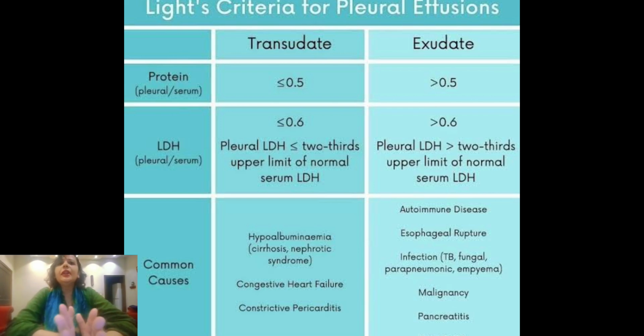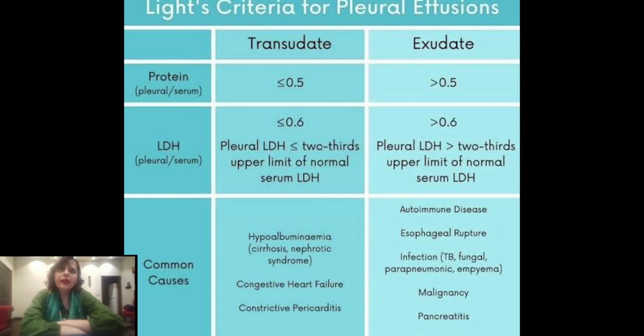Now, there is Light's criteria for dividing pleural effusion into transudative or exudative. If any one of these criteria is present, the fluid will be exudative. In Light's criteria, which is usually used to discriminate between exudative and transudative effusion, we see the protein of serum and the pleural fluid, and we see the LDH of serum and pleural fluid, and then we take the ratios.